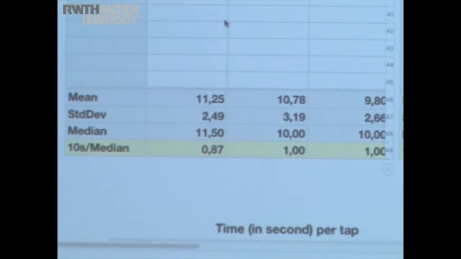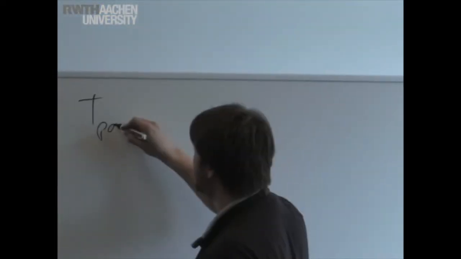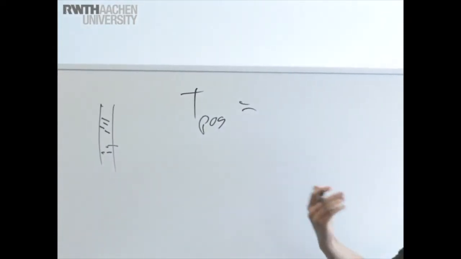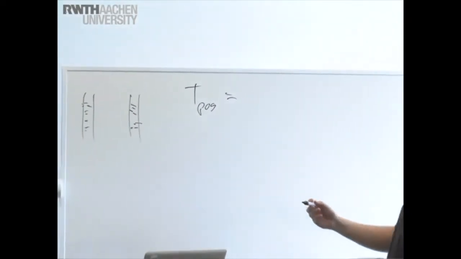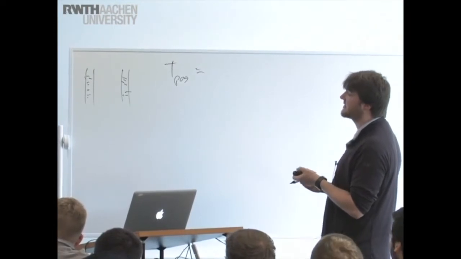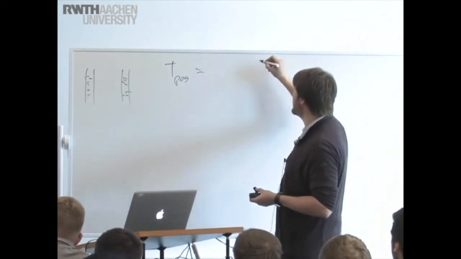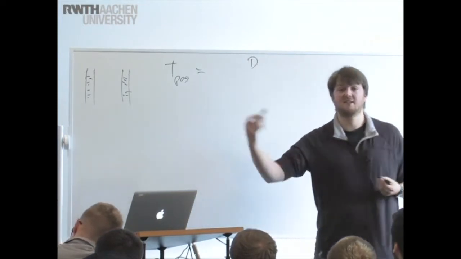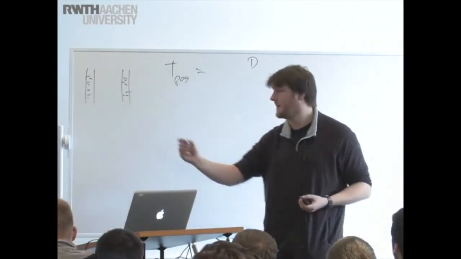So when we would like to have a formula to calculate the time I need to get to a certain position, it appears that the distance has a positive relationship there. If I increase the distance, I take longer to get there.